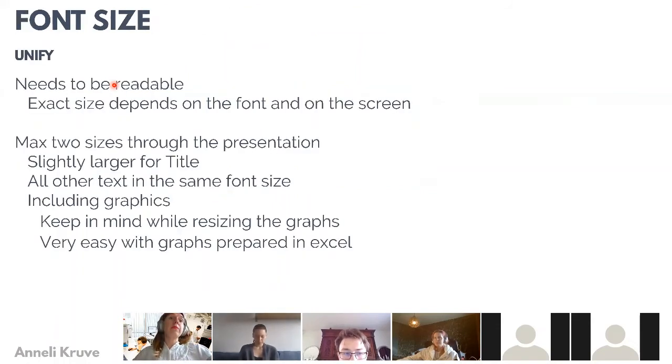Font size, as I told, depends on the font. The serif fonts, if you need to use them, generally need to be a bit larger, and some sans serif fonts can be a bit tinier. The general thing is that it needs to be readable.